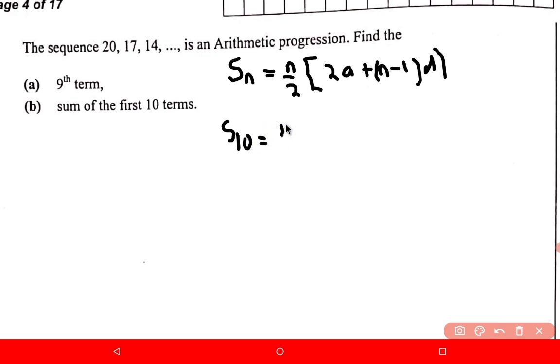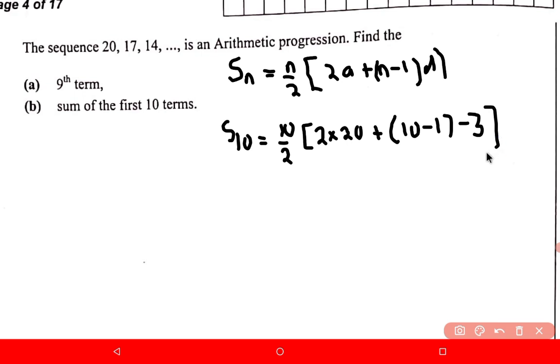So your n is 10, and then 2 times a, the first term, which is 20, plus again n is the number of terms you're finding, so 10 minus 1, and then d is -3, just like that. 10 over 2 is 5, 2 times 20 is 40, plus 9, we know that.